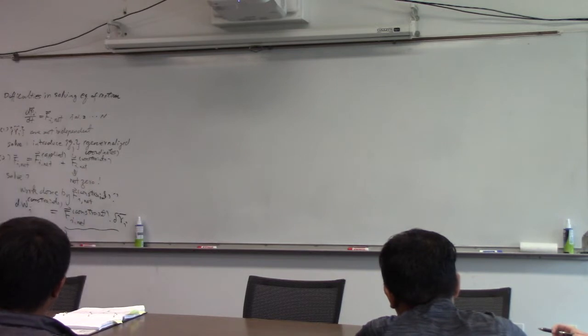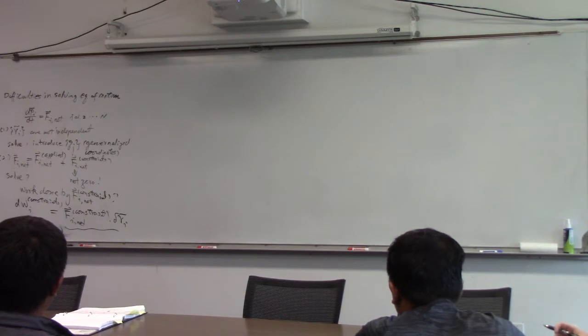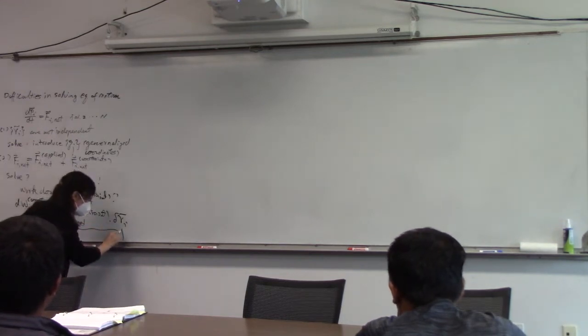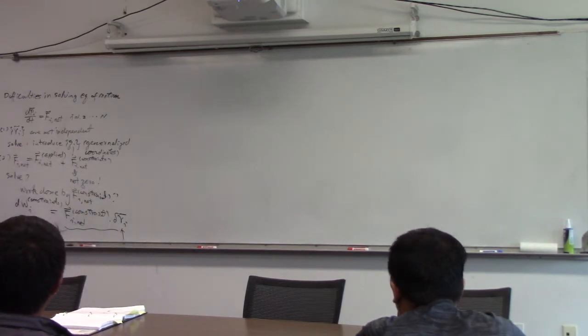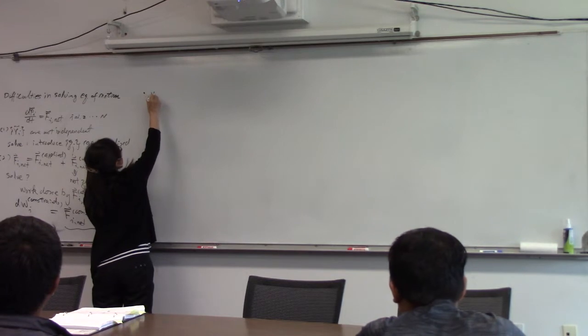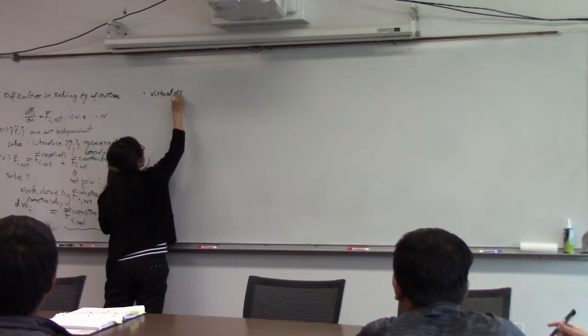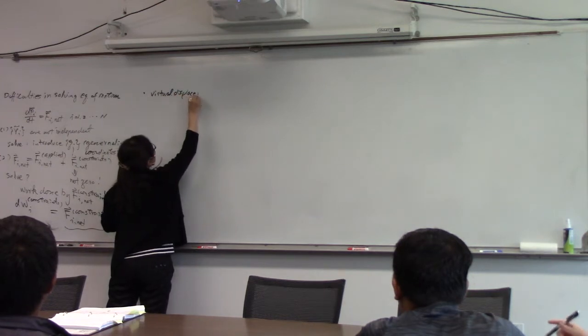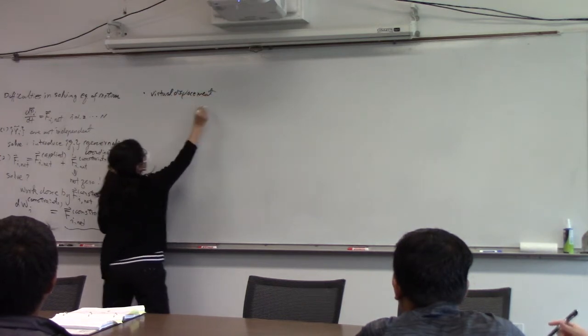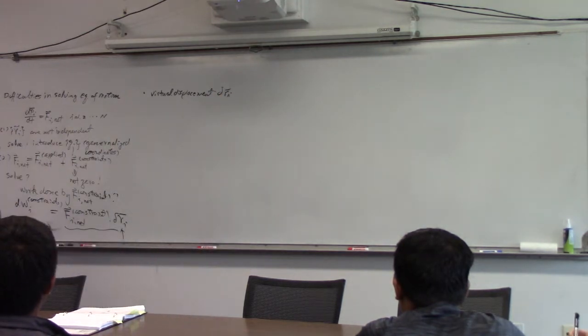So in order to look at this term, let's first discuss this one, delta r. The first job today is what we call the virtual displacement, delta r_i. Why do we say virtual, not real?